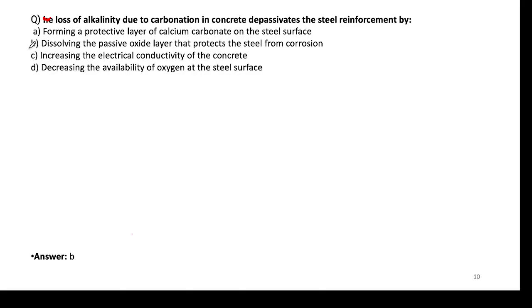Answer B is correct. Dissolving the passive oxide layer that protects the steel from corrosion. So what is the passive layer? We have seen in the previous live session that the higher pH of concrete leads to the formation of a passive oxide layer on the steel surface.